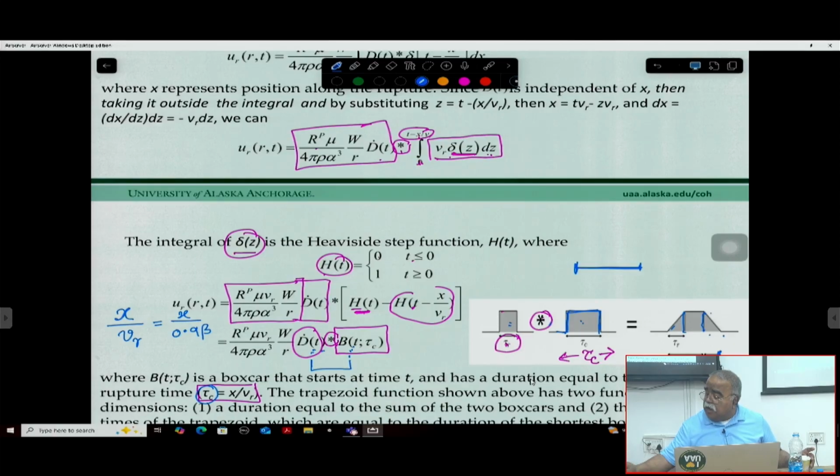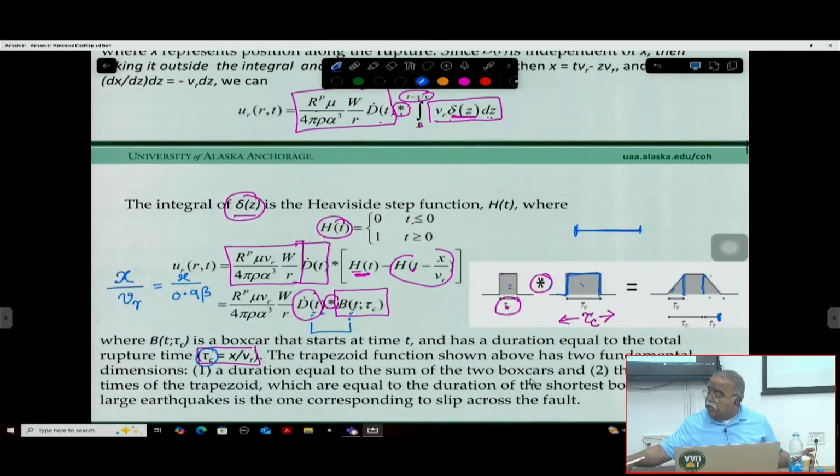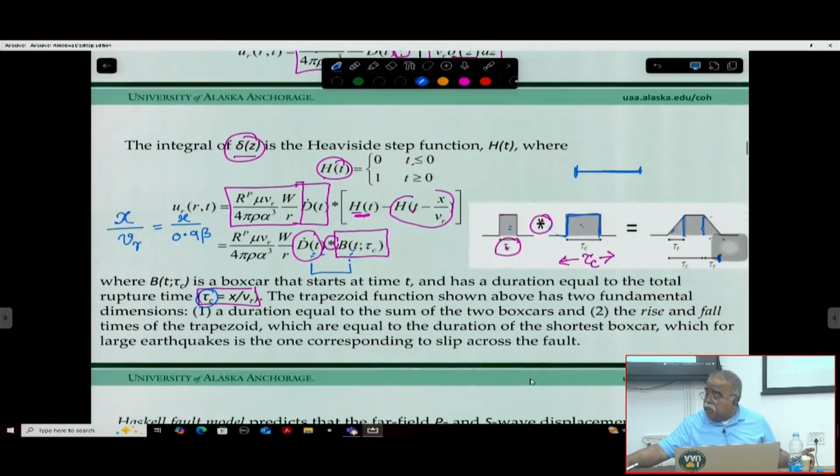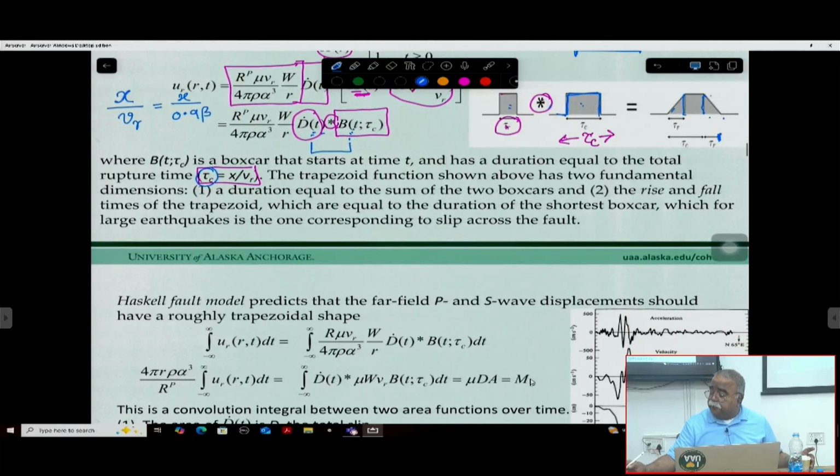So you have a TR value and then a TC value. So this trapezoid will be basically a sum of the two boxcars, and that you can calculate, right?